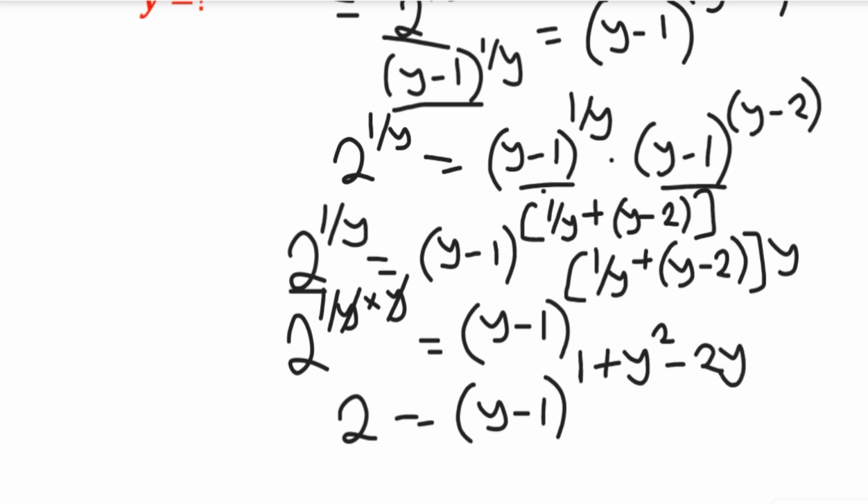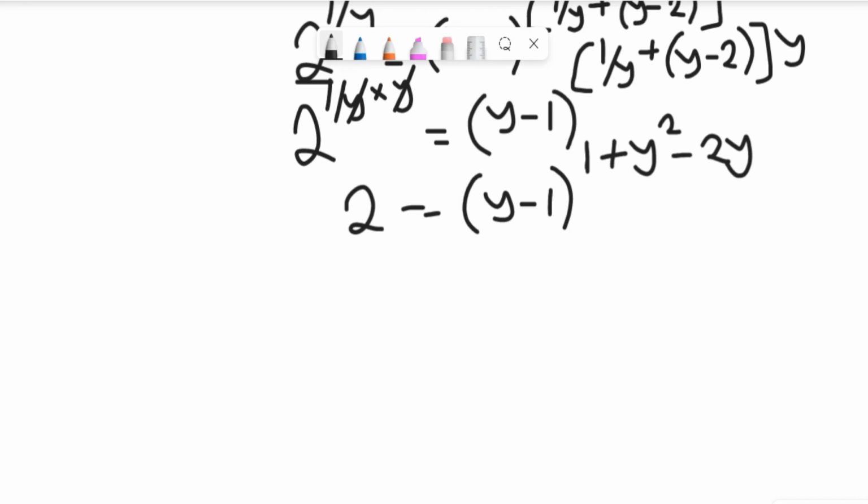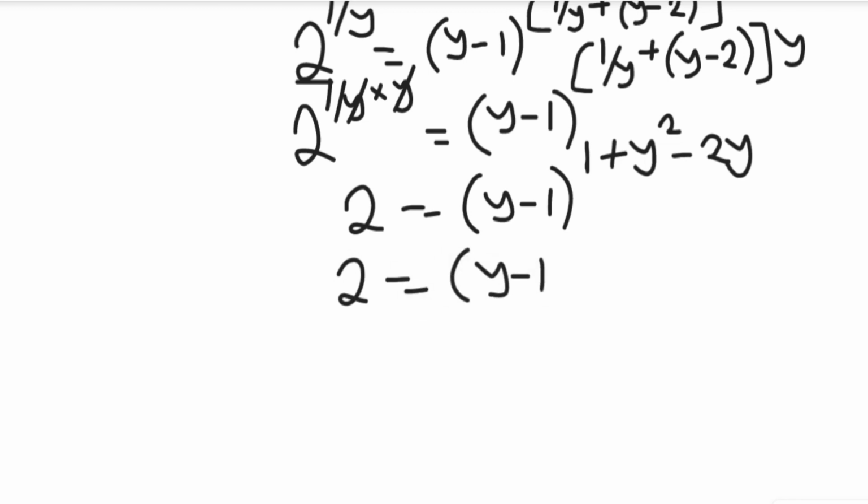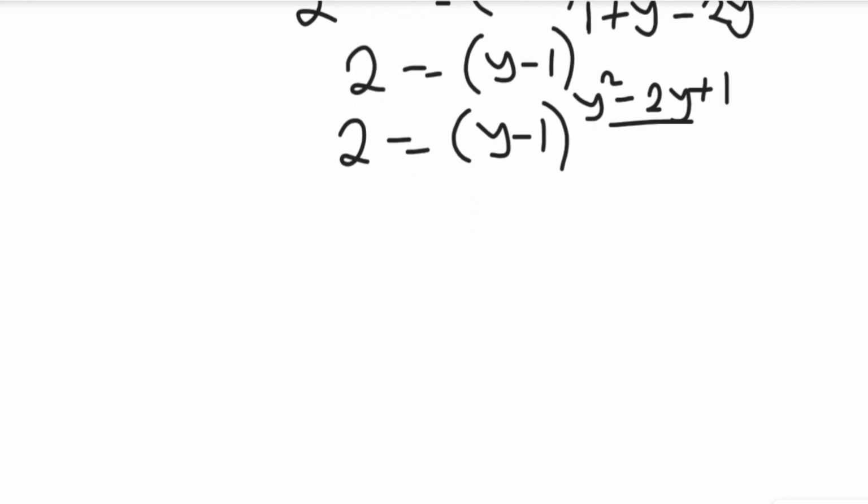So that simply gives us a quadratic equation. Our 2 will be equal to y minus 1 to the power of, rearranging the equation, y squared minus 2y plus 1.